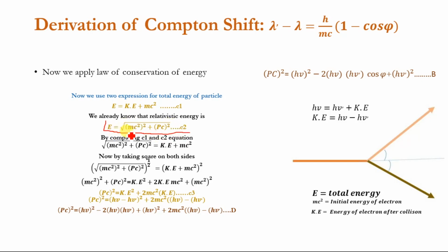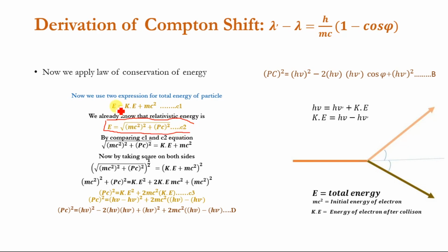If you don't know from where this equation has come, then one of my previous videos has explained this equation. You can watch that video. This is the relativistic energy and momentum relation, and this equation is applicable to both inertial and non-inertial frames of reference. This is the total energy of the electron.